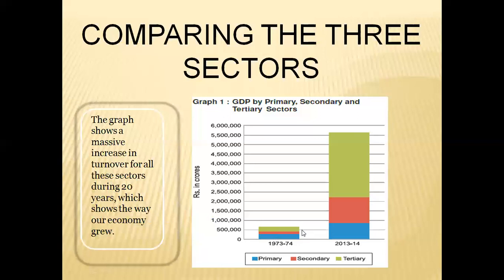But if we see the graph in the year 2013-14, you can see that there has been an increase in the turnover or their share in rupees in crores. There is less increase in agriculture, comparatively more increase in secondary sector, but there is maximum increase in tertiary sector. So the turnover or contribution of tertiary sector has increased.